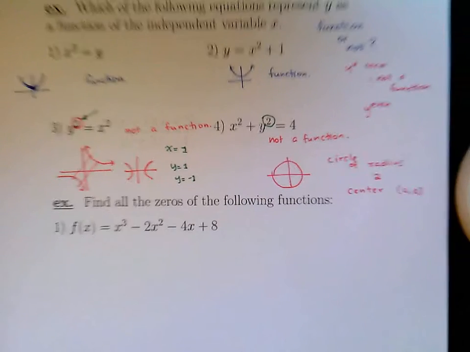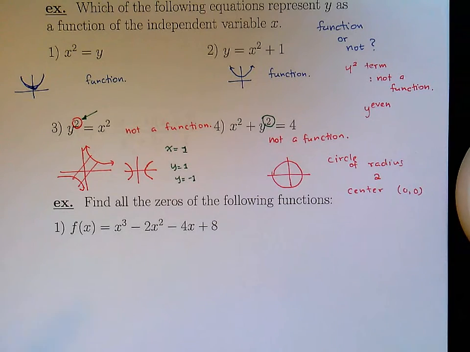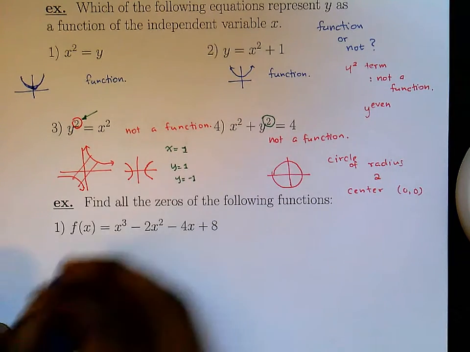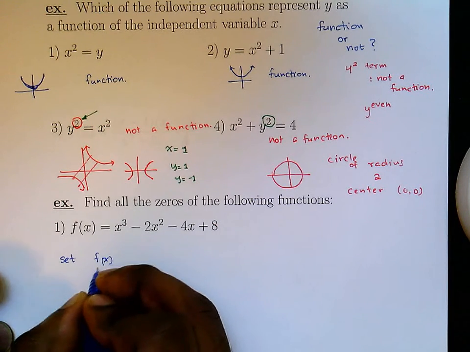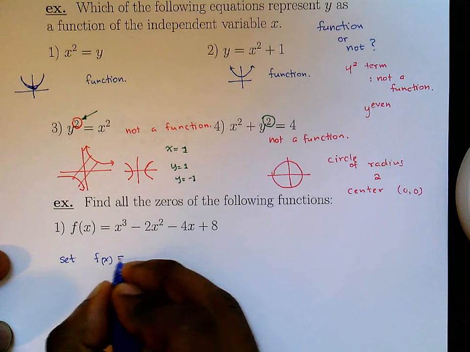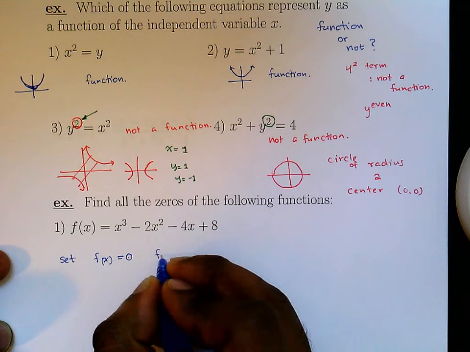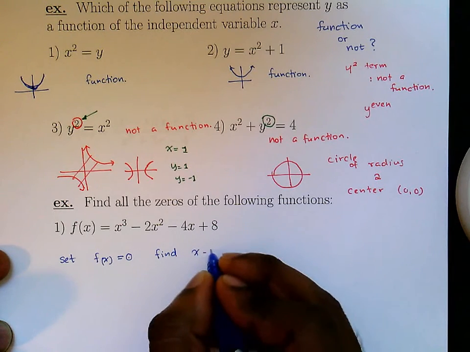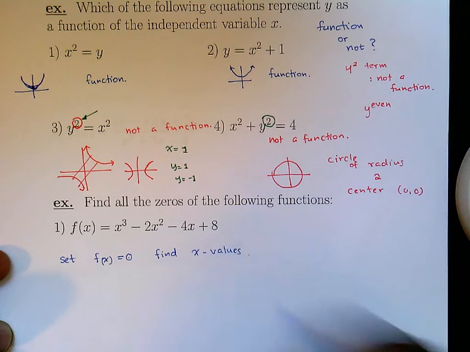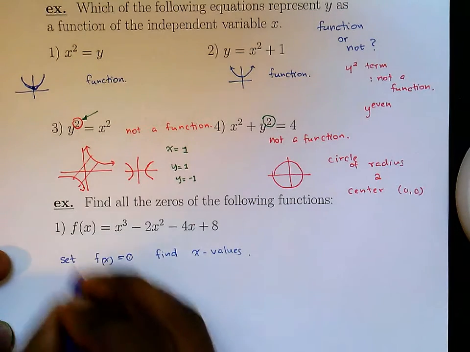All right, so the next one: find all the zeros of the following function. All you have to do is set the function equal to 0 and solve that equation. So to find the zeros, set the function equal to 0 and solve for x. We are not plugging in 0.